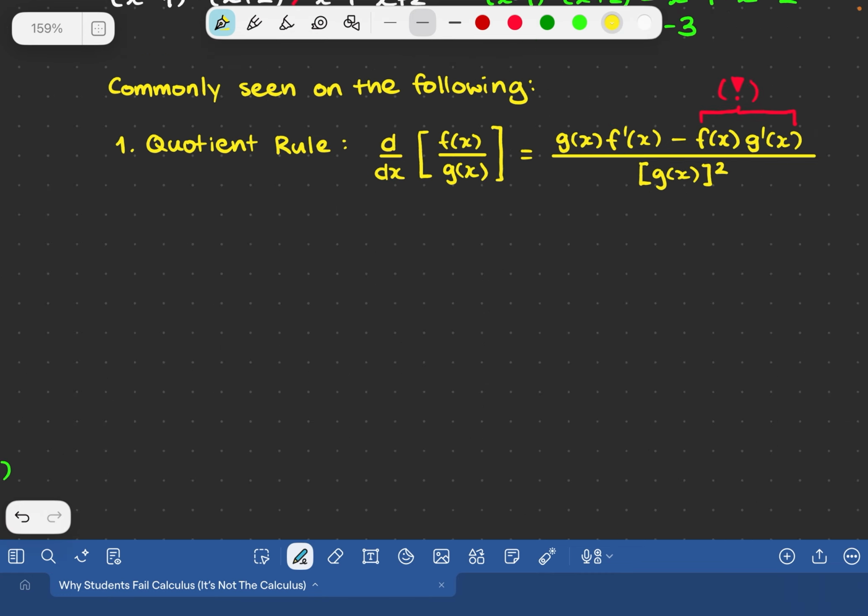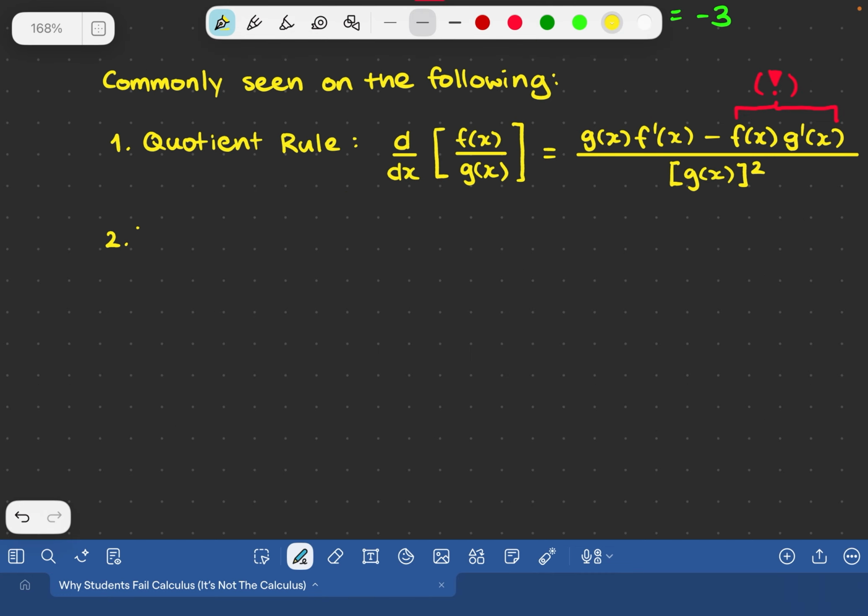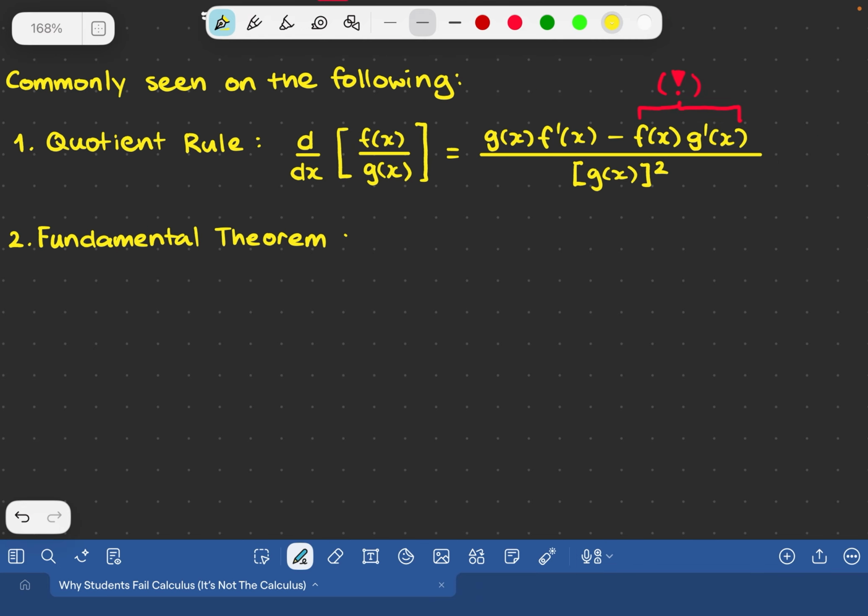Next one is, let's see, what else? In the fundamental theorem of calculus.